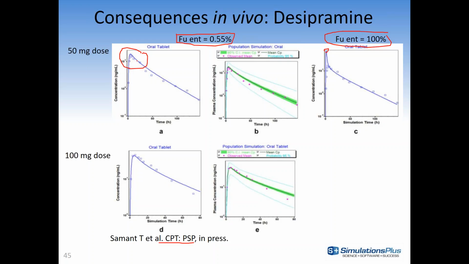Of course, that brings another question. Well, can we account for this before we start doing any in vivo studies? Can we account for this effect and start predicting it based on the compound properties?